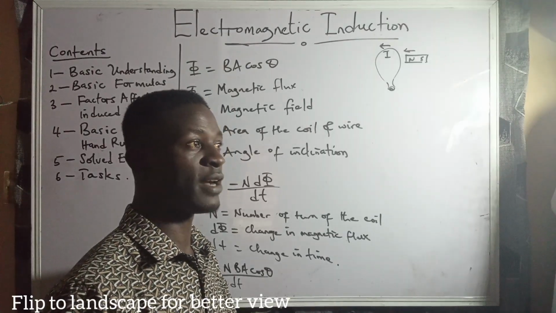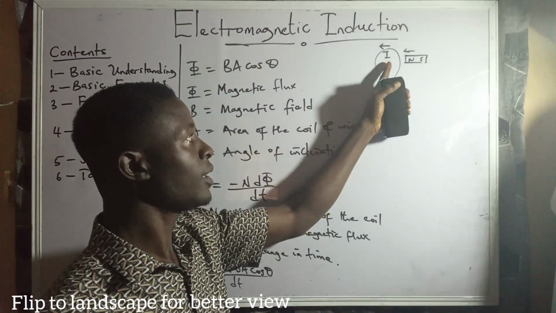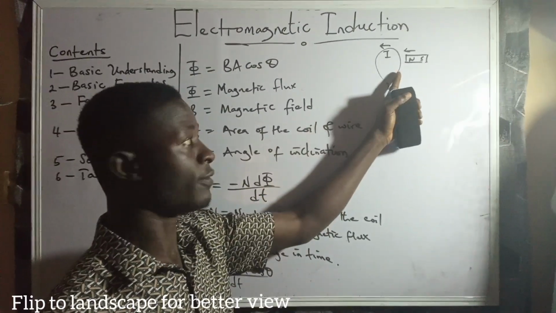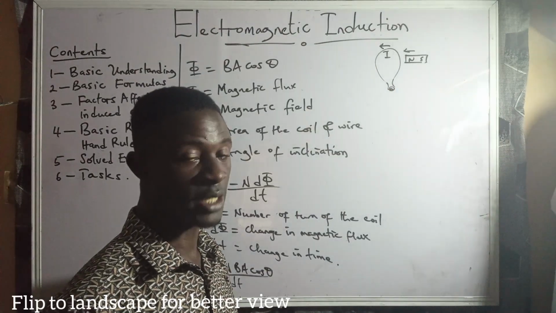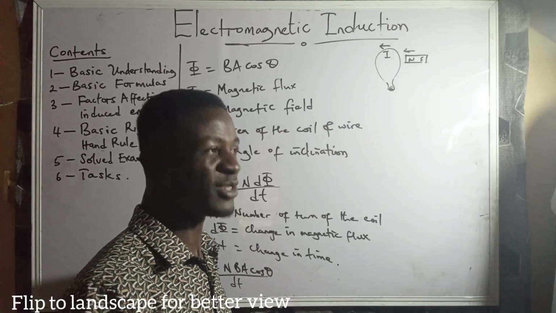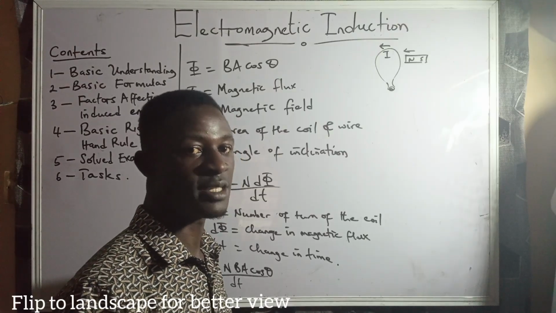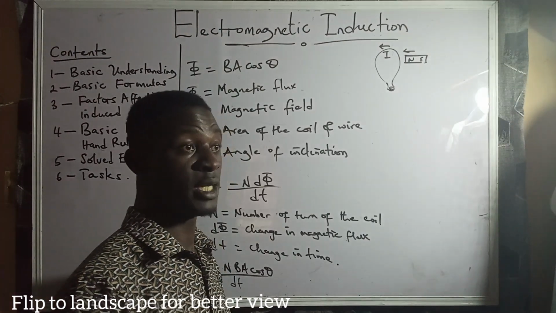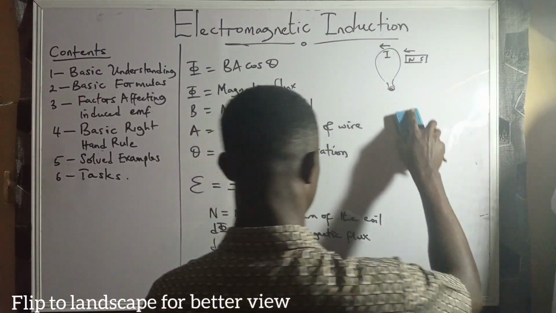As it rotates very fast, it generates a very big induced EMF through those coils, and that is what gives you the electricity in the house. So when the magnet is moving fast around the coil of wire, the electricity generated will be much.